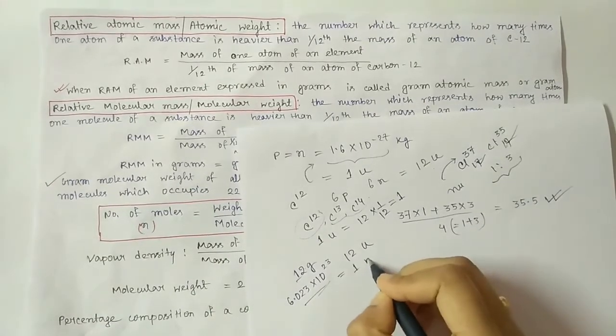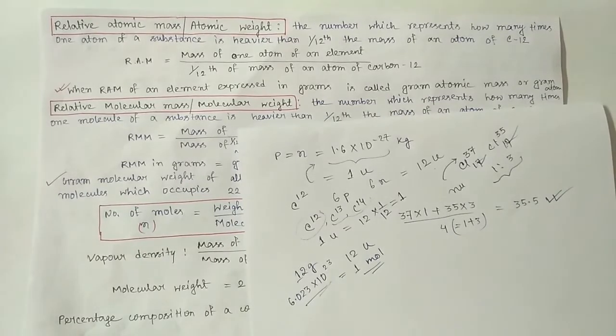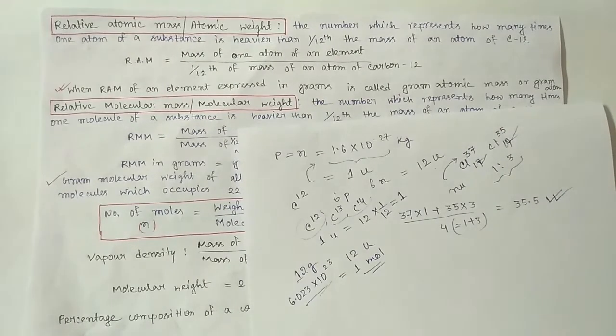You can say this is 1 mole. So a mole is the amount of pure substance containing the same number of chemical units as there are atoms in exactly 12 gram of carbon 12.